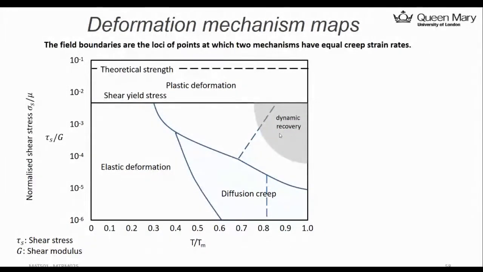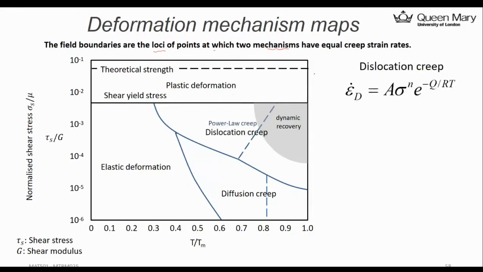So we need to plot some boundary between these mechanisms. They must have a boundary, right? If you look at the blue curves, the boundary lines here are the loci or envelopes of the points at which two mechanisms have the equal creep strain rate.